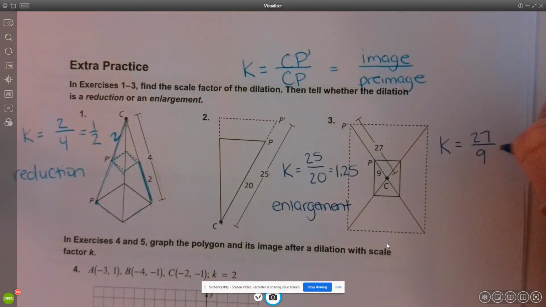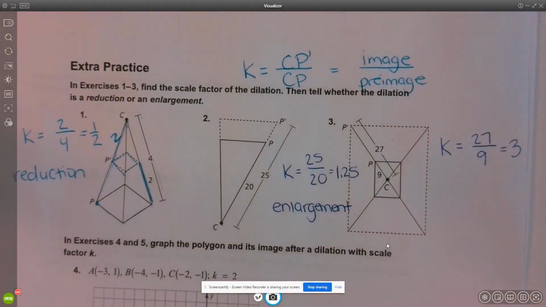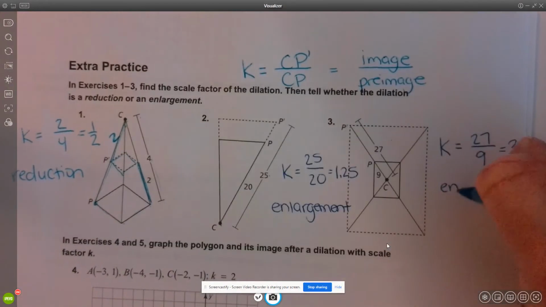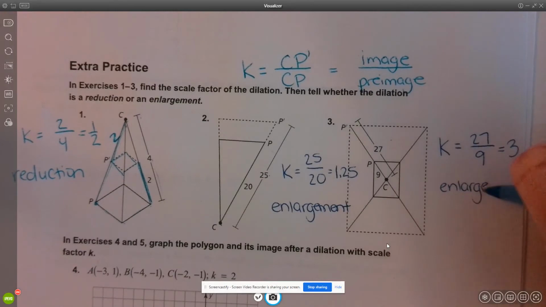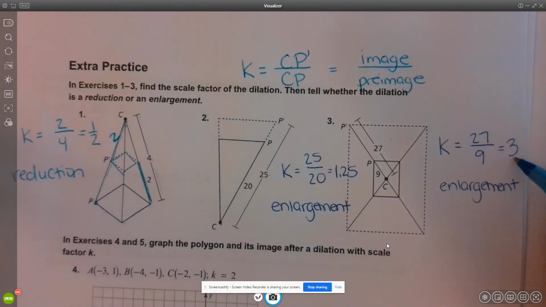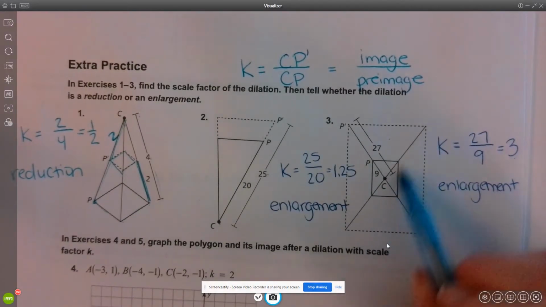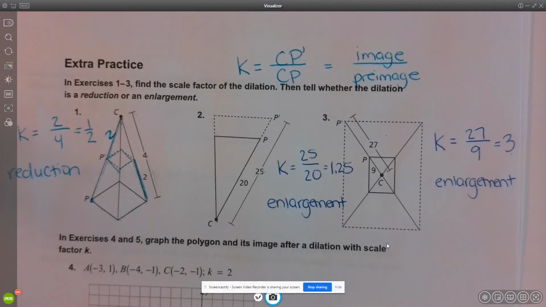When I divide, I get a scale factor of 3. This tells me that we have an enlargement because the scale factor is greater than 1. And I can also see that my pre-image gets larger after the dilation.